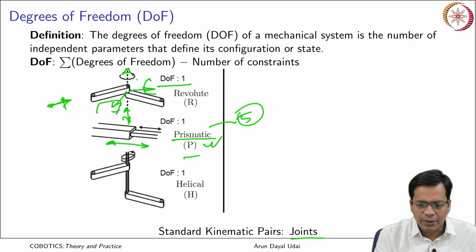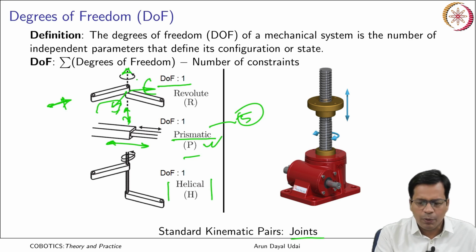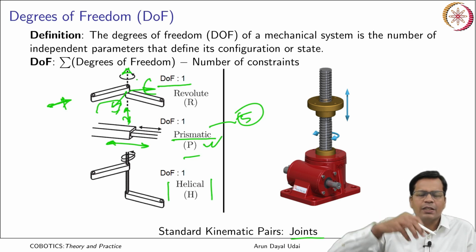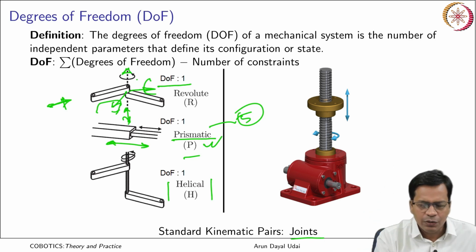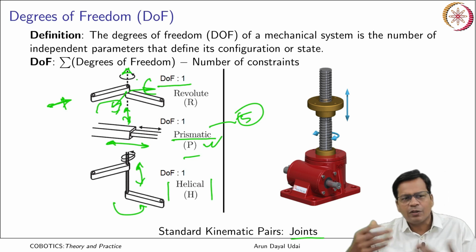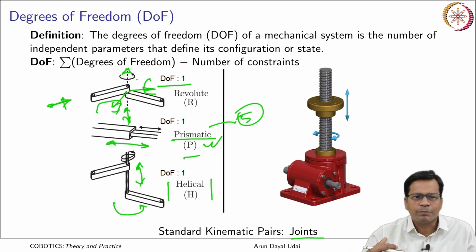The third one here is a helical joint. This is rarely used in robots. If you rotate, you also translate in one of the directions, okay. So, when I rotate, I also translate. That means they are not independent of each other, okay.